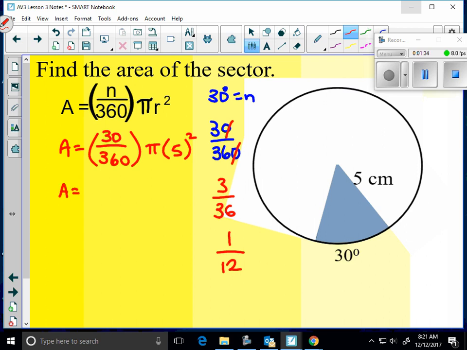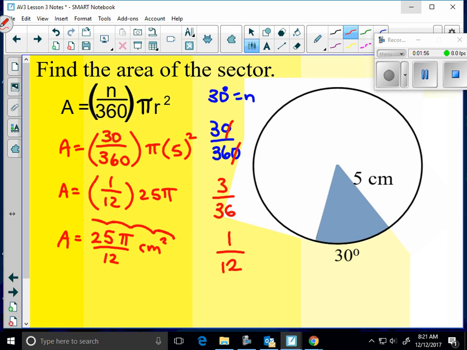So I'm going to reduce 30 over 360 to 1/12 and multiply that by, what would 5 squared be? 5 times 5? 25 pi. Okay, so here would be a varsity way to write the answer to this. It'd be 25 pi over 12 centimeters squared. That'd be a nice way to write that.